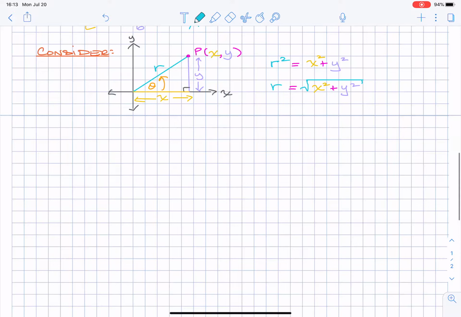Okay, so definition. I hope that wasn't too cramped, by the way. Hope you guys can read that. Definition.